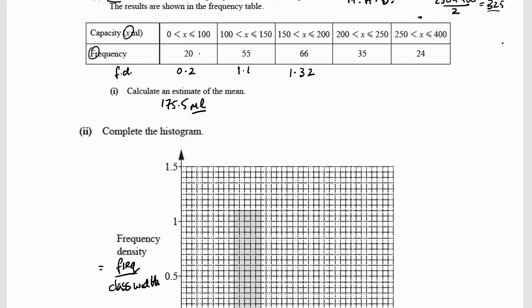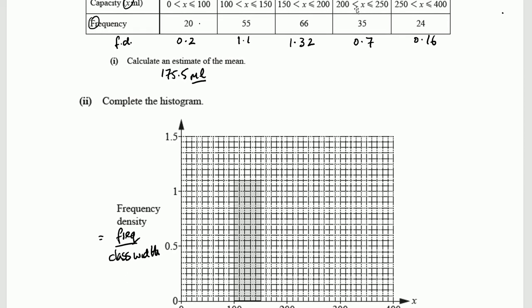35 divided by 50 gets me 0.7. And then finally the last one has a class width of 150, and that's 24 divided by 150, which gets me 0.16. So those are the heights of all of my bars on my histogram.